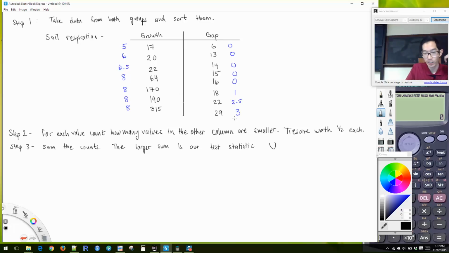So over here we have 6.5 as our sum, and over here our sum, I believe, is 49.5. Okay, so our test statistic U is 49.5. Right.